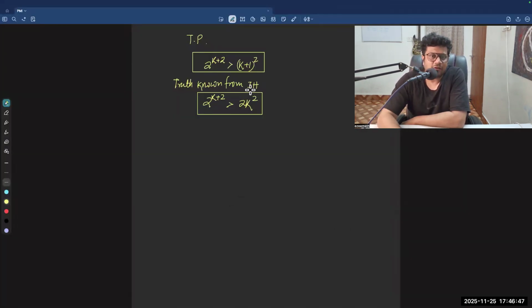And now comes the most critical step in the solution. This is what I want to prove. And this, from my inductive hypothesis, is something I have come to know. This is greater than that, and the same thing is greater than 2k square.